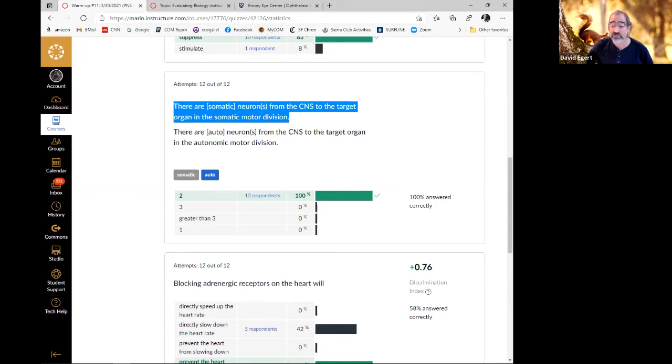What's responsible for that behavior? What's different about the receptors, the cholinergic receptors on smooth muscles versus skeletal muscle?